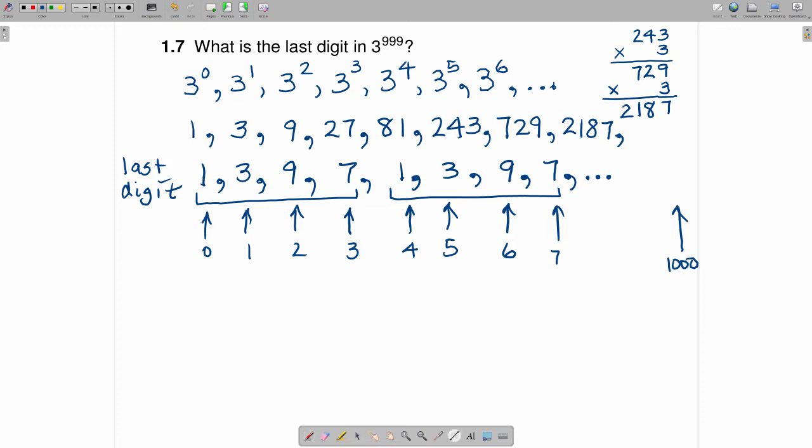If we take 3 to the 0 power, we're going to get a 1. 3 to the 4th power, you get a 1. 3 to the 8th power, you get a 1.